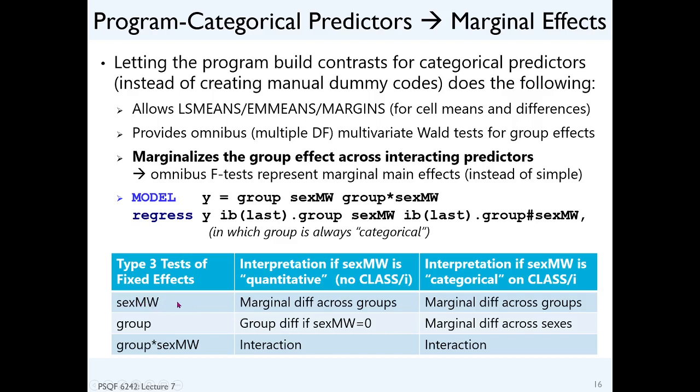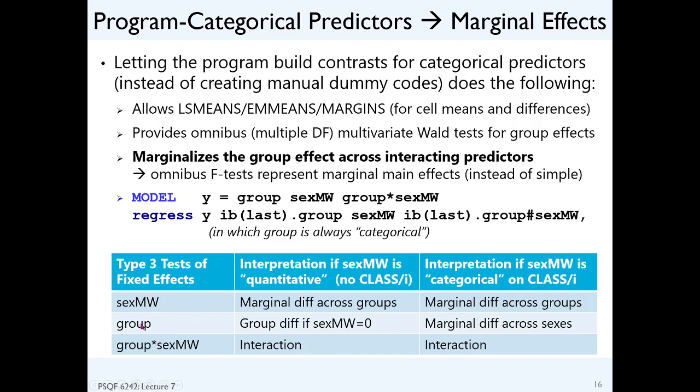It's given by default when you invoke the solution. It's not something I typically show unless it's necessary for multiple degree of freedom tests. But the test for this, if sex is denoted as quantitative, is going to give you the marginal difference across groups.